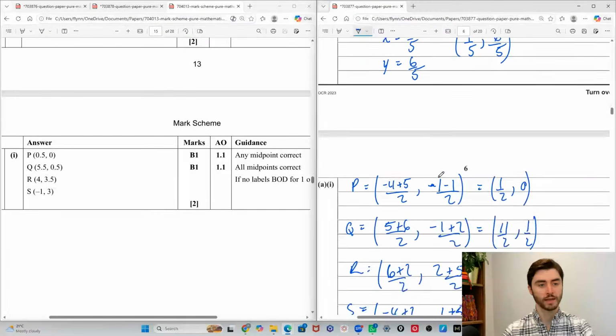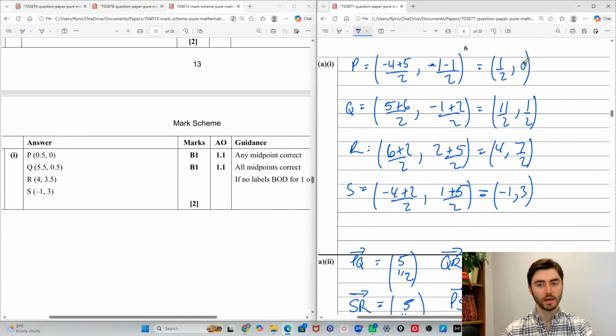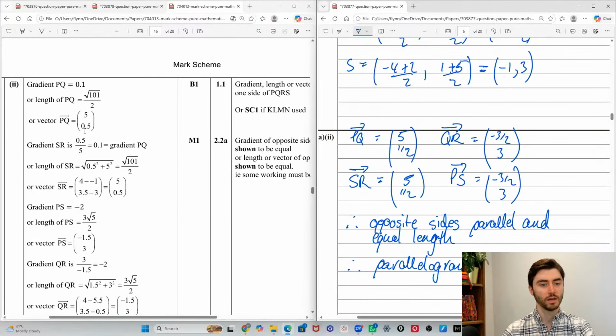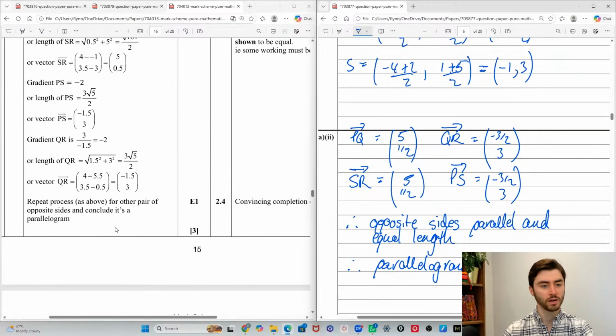Got the coordinates right. Half 1, 5.5, 0.5. 4, 3.5. Yeah. These are good. How did they do this? Good. So they got the vectors as well and showed that they are equal vectors and then argued. Yeah, convincing completion. Just, yeah, the opposite sides are parallel and equal length, therefore parallelogram.